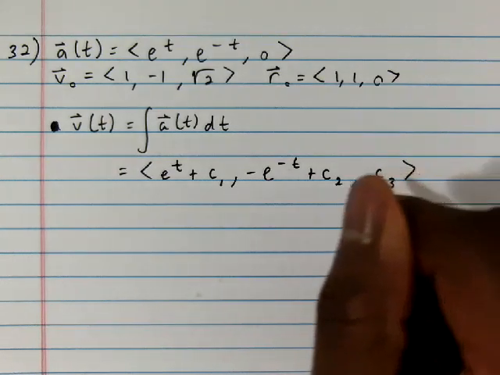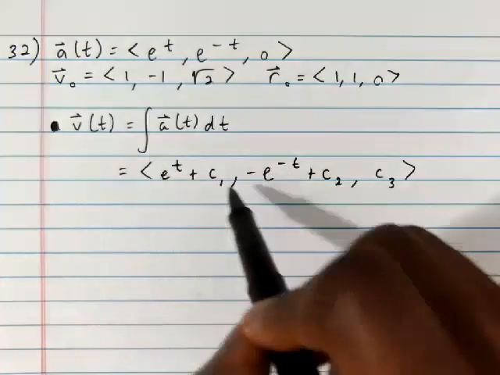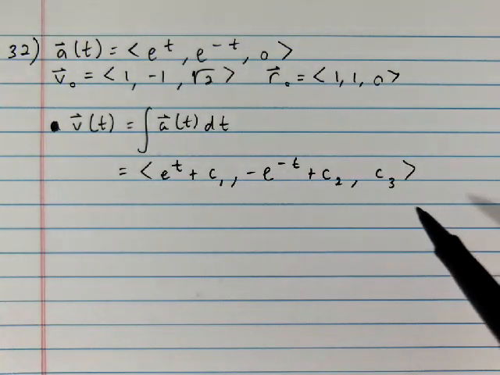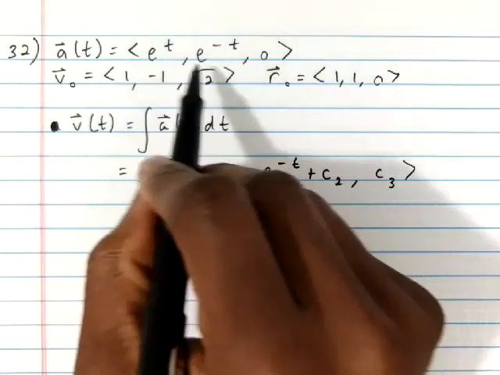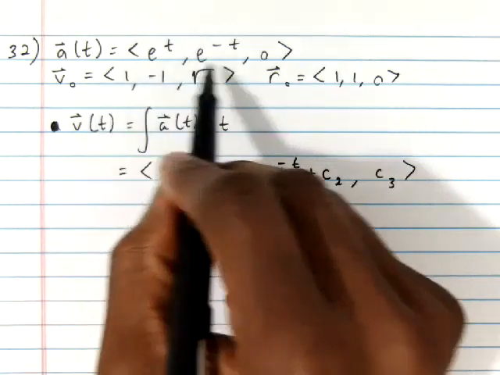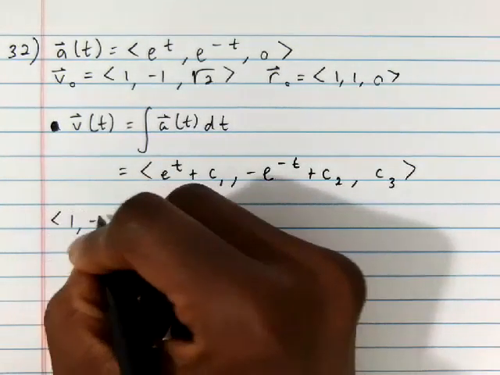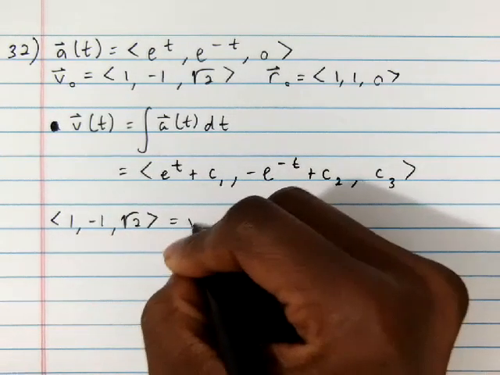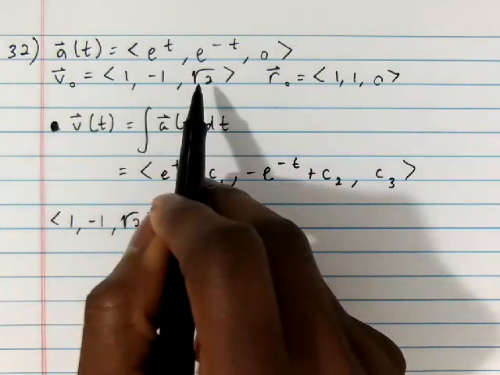Now, because we have an initial velocity, we can figure out what our c1, c2, and c3 are. So we're going to use that information. This right here tells us that v of 0 is 1, negative 1, square root of 2. We were told that from the very beginning.